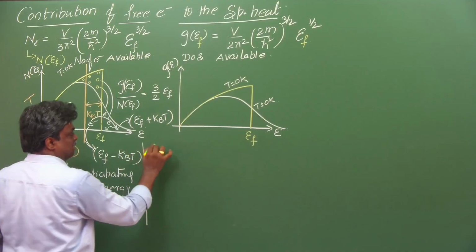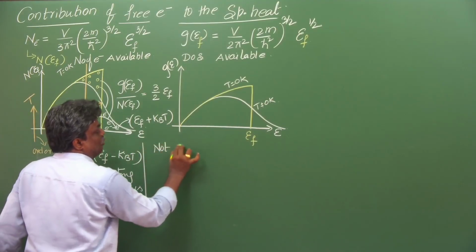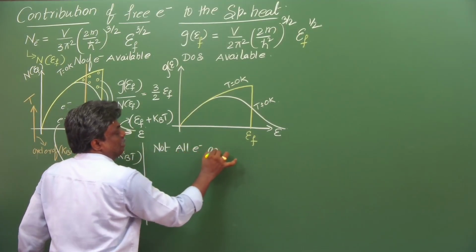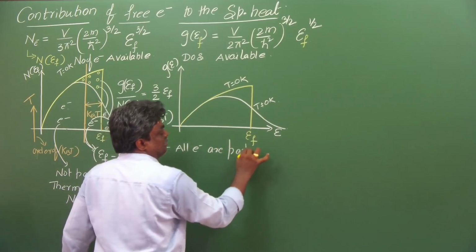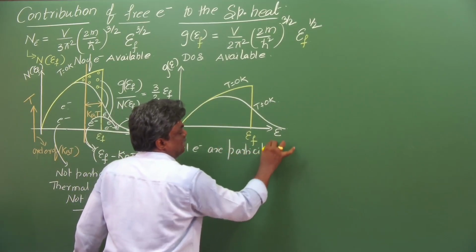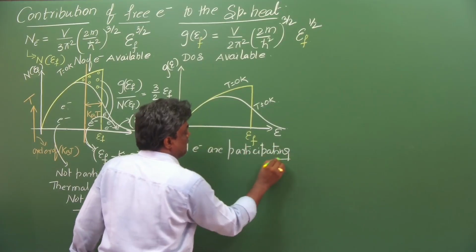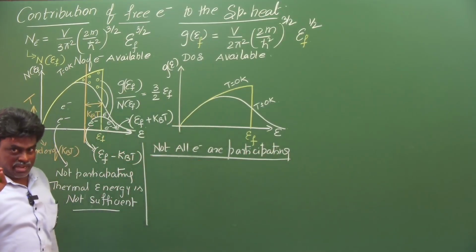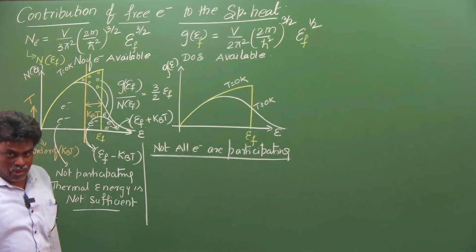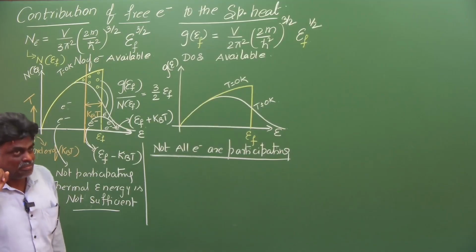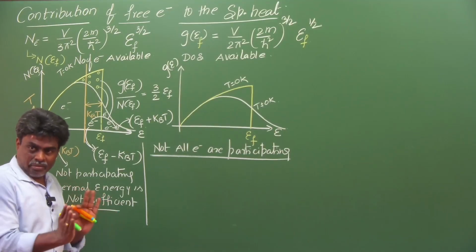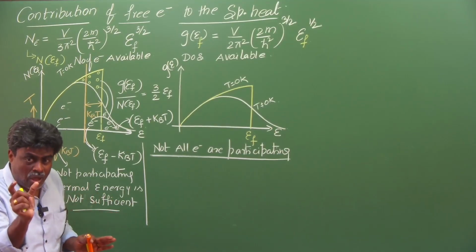That is very clear. Not all electrons are participating. I repeat, which electrons are participating? Only those electrons which are in the order of kBT energy, below the Fermi level, within the order of kBT.